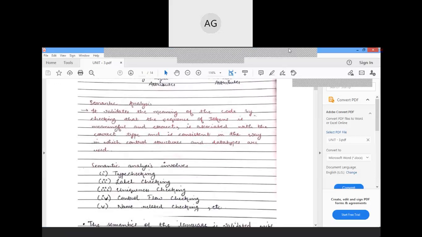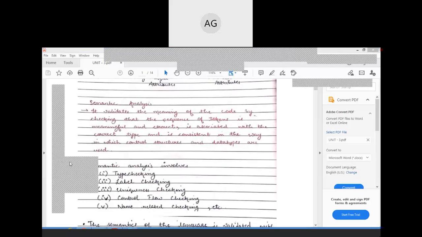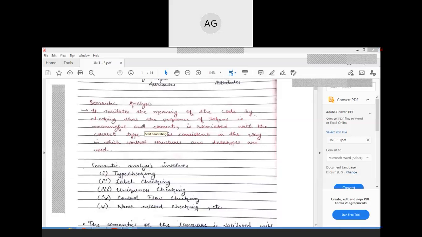Now moving further, let's discuss the definition of semantic analysis. As we already studied lexical analysis and syntax analysis, now in this unit we are going to study semantic analysis. So semantic analysis validates the meaning of the code by checking that the sequence of tokens is meaningful and correct, is associated with the correct type, and is consistent in the way in which control structures and data types are used.